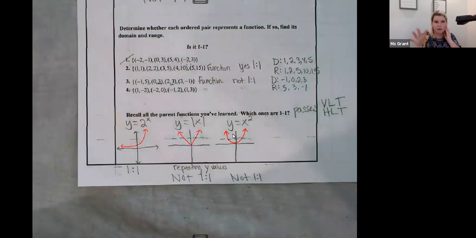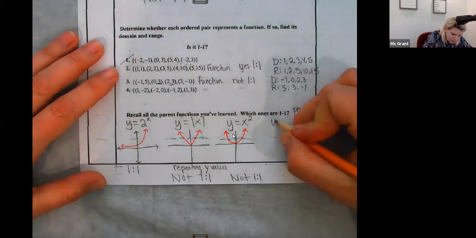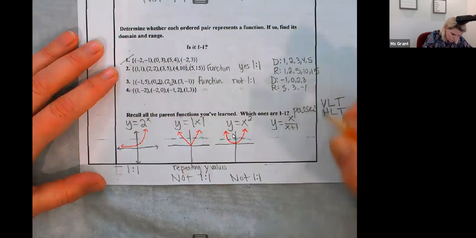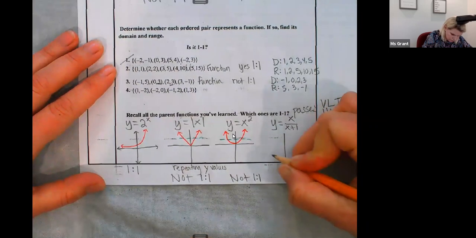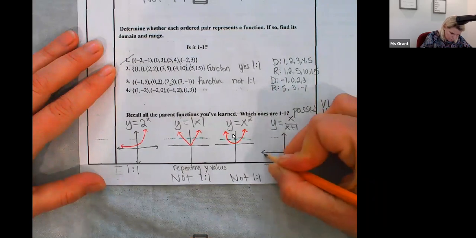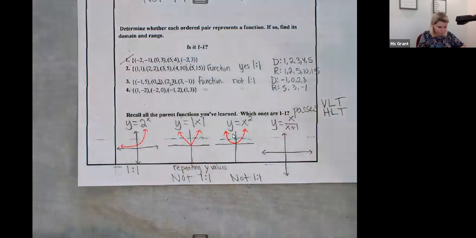Lastly, the last one that we've learned was the most recent that we graphed, with horizontal and vertical asymptotes. Do you guys remember that? Of course, it looks all perfect. All right, ready?